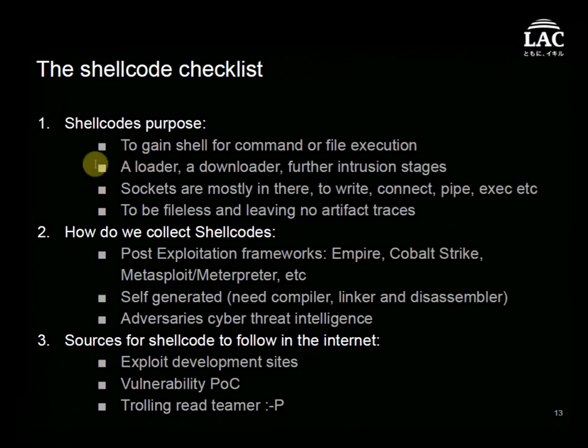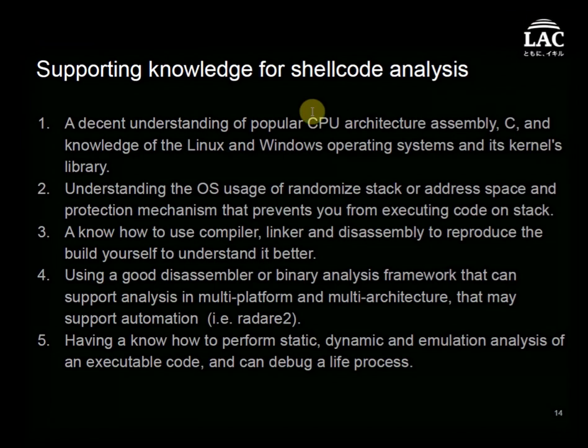The shellcode checklist goes like this. The purpose is to gain a shell as a loader, downloader, or for further intrusions. Sockets are used a lot to be fileless, and how to collect shellcodes: following the post-exploitation tools, self-generated adversaries intelligence, and how to troll them on the internet.